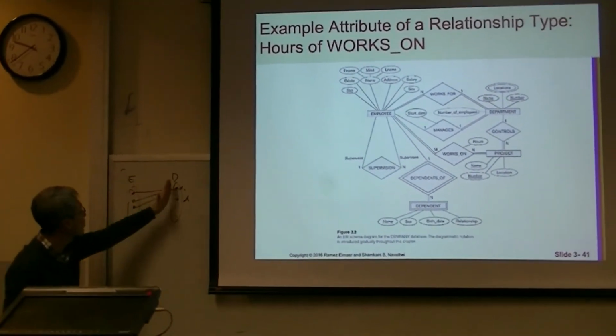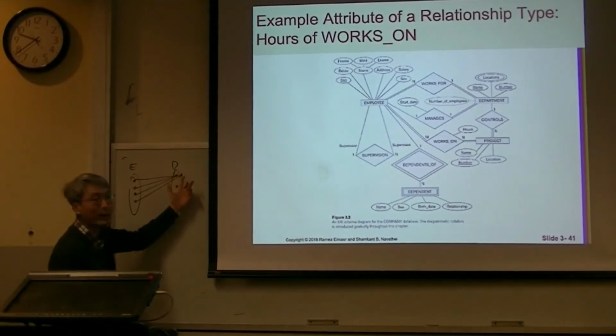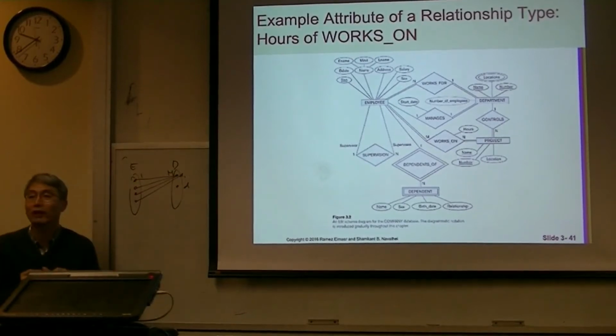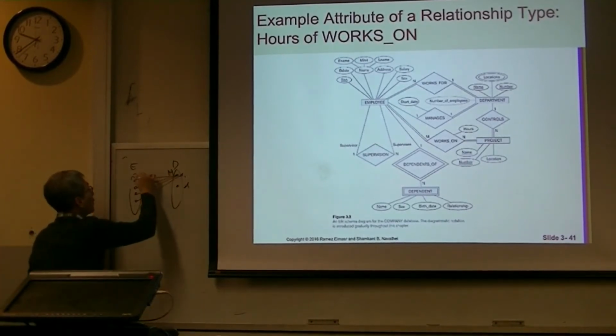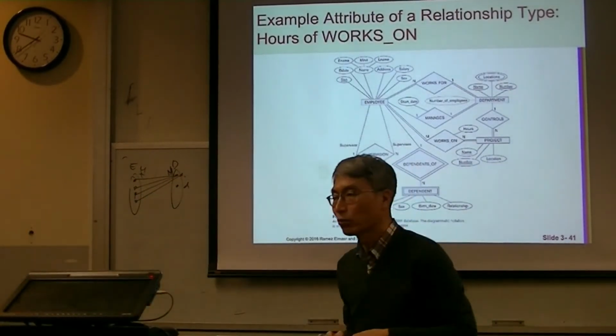This is the many side, and this is the one side. But if you take a look at the entity, it's many employees, so some students get confused and say it's one to many. This is wrong. Many employees work for one department, so don't be confused. It's a many-to-one relationship.